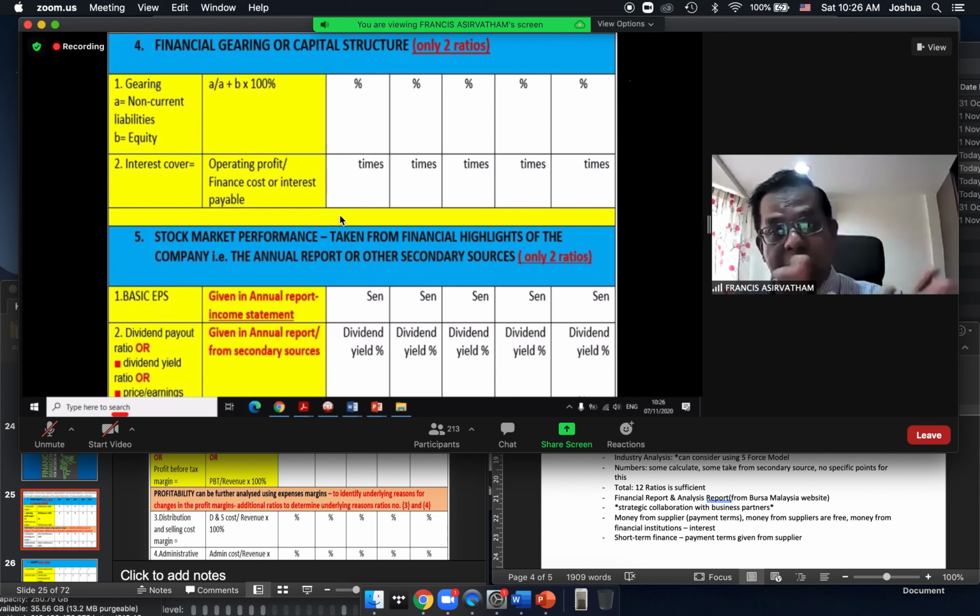Because Bank Negara imposed a condition that they must convert all the money into Malaysian ringgit. When they imposed the condition, Top Glove had billions of US dollar loans, billions. All right, don't ask me why, because businessmen are very clever. They know how to move money here and there, and they needed a loan.